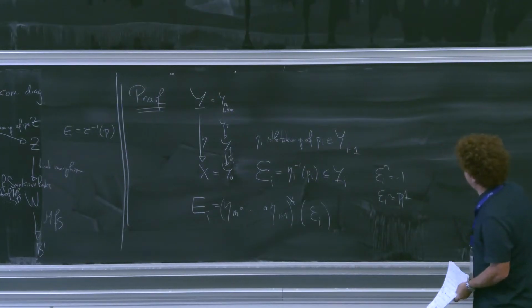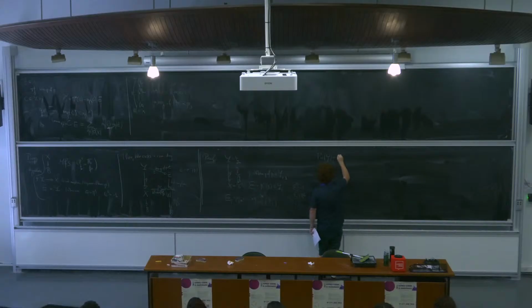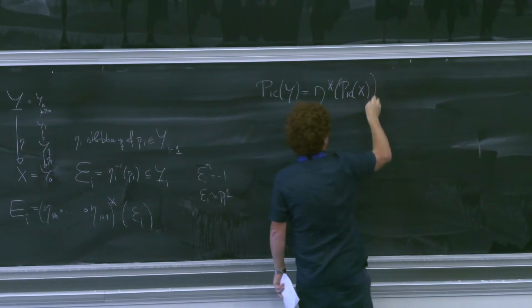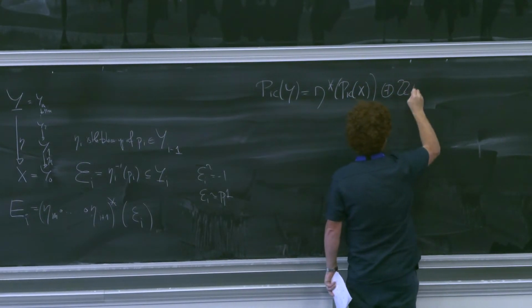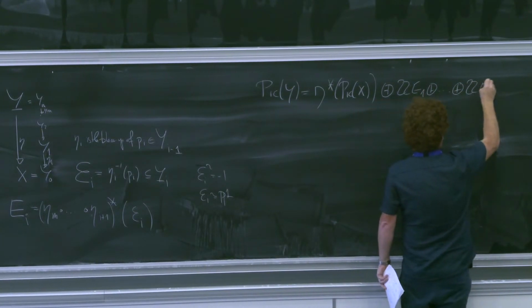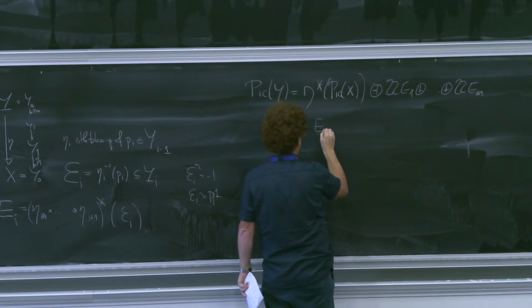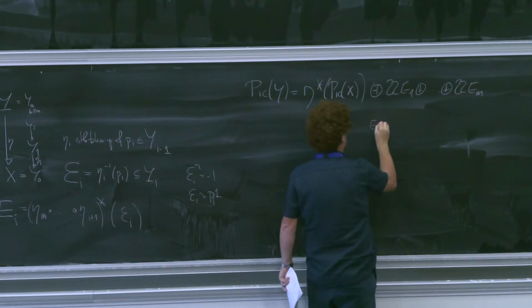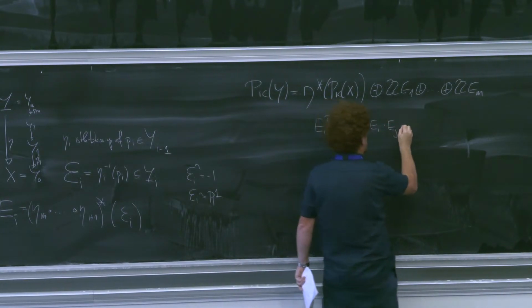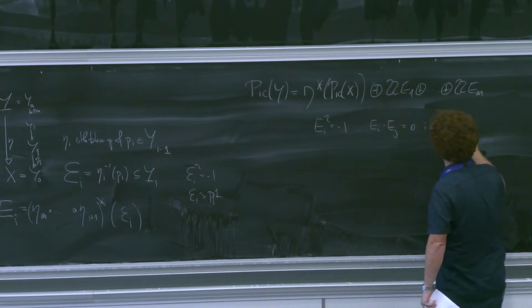Why it's interesting is because now the Picard group of y is eta star the Picard group of x, like this, so it's a direct sum, and E_i squared is -1, and E_i times E_j is 0 if i is not j, so they are also orthogonal.